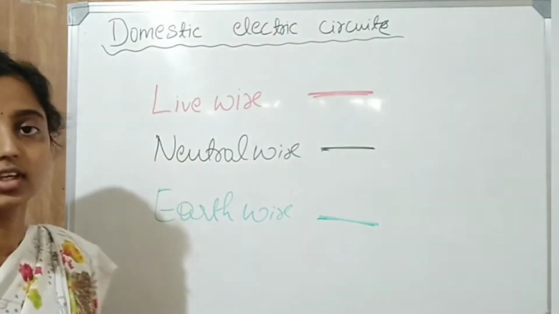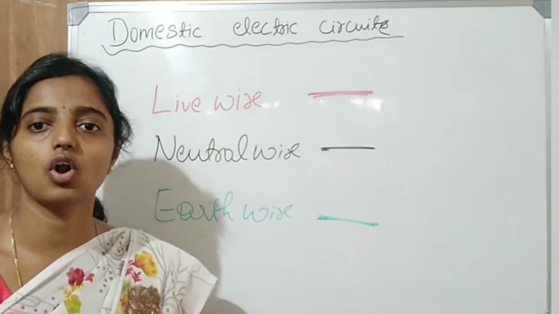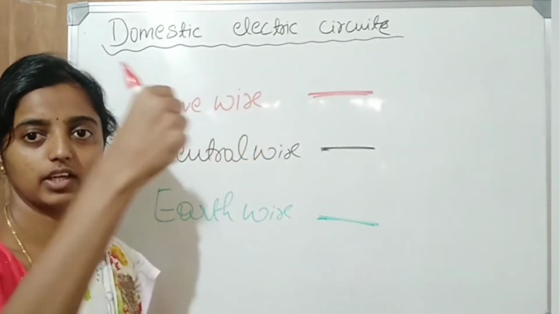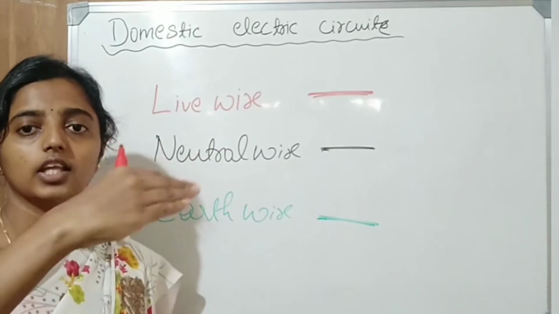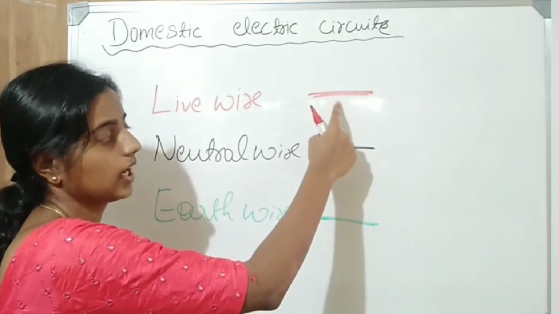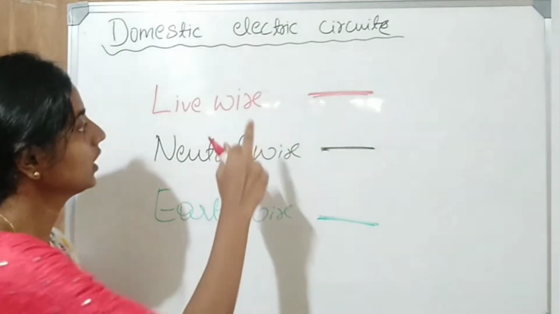See, this is an important color combination in this chapter. Live wire can also be called positive wire, and that conductor where the electricity passes will be covered with red insulation. Understood? So live wire is indicated with red color.